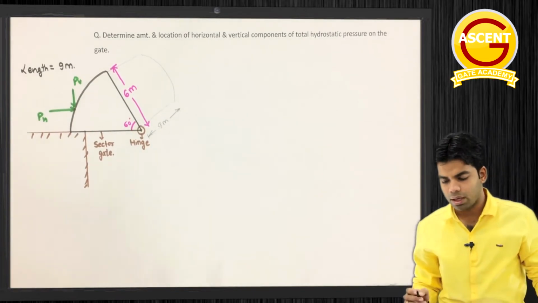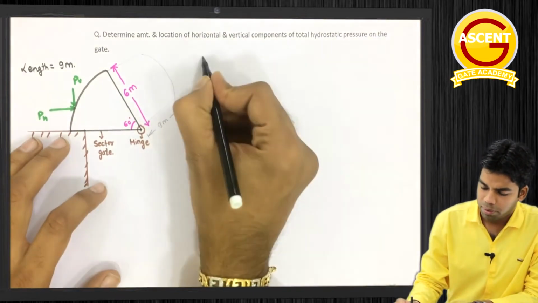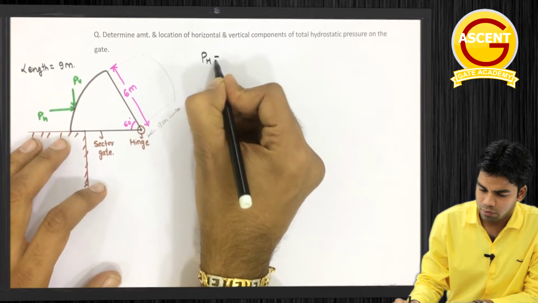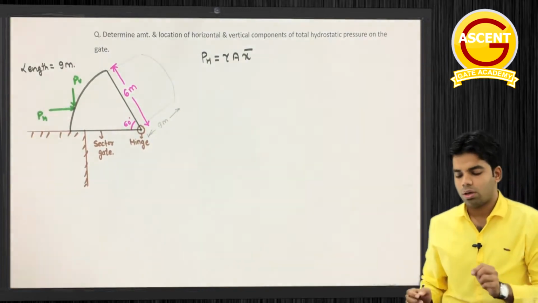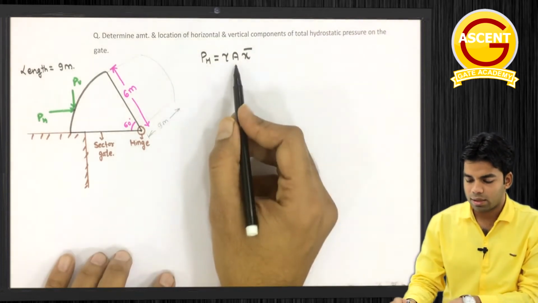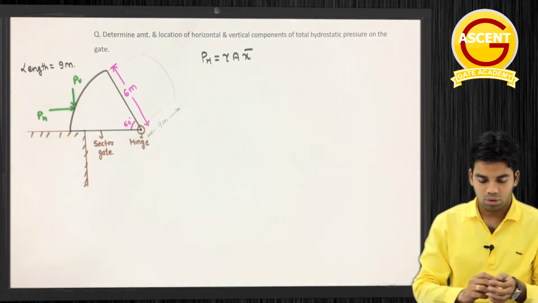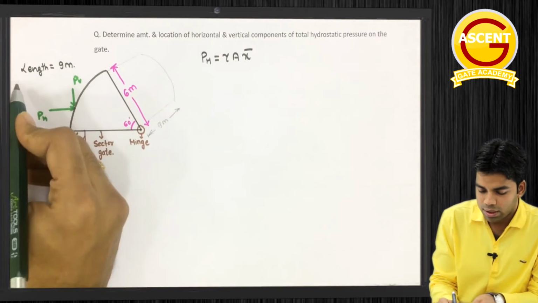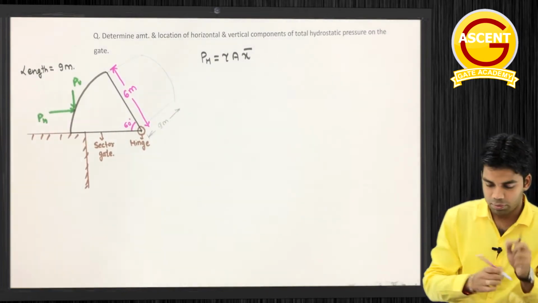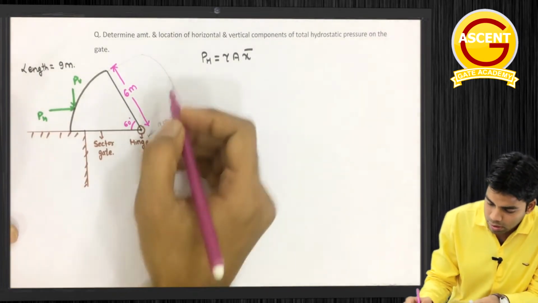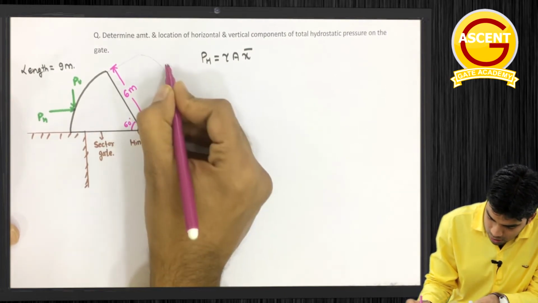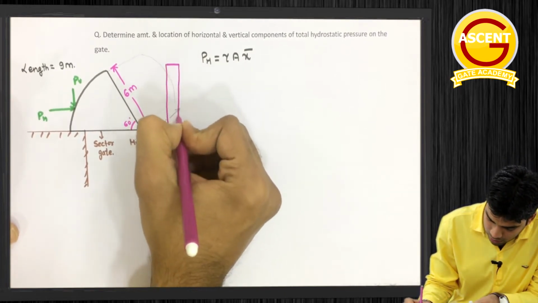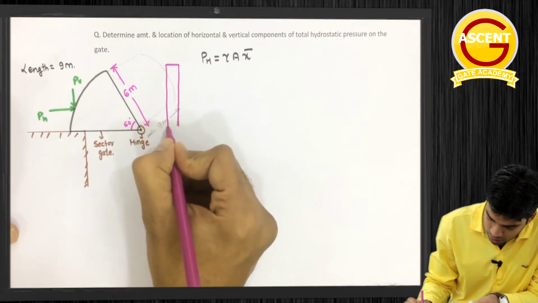So how can we determine? I told you, the horizontal force is equal to gamma A x bar. Now the A is nothing but the projected area. So we will project this area on the vertical plane.